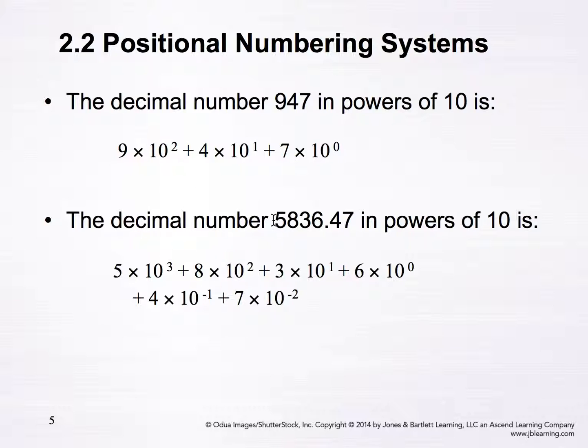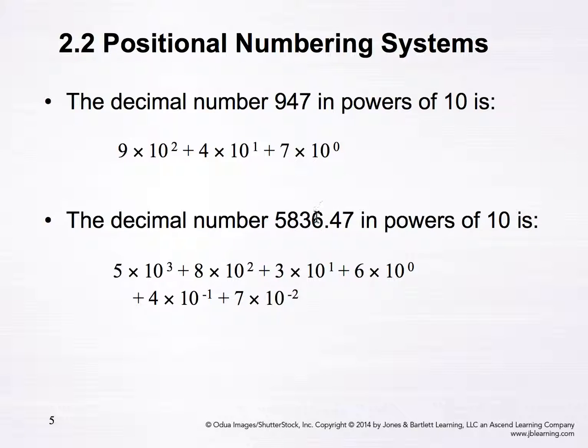Now consider the decimal number 5,836.47 in base 10. We can represent it as follows: 5 times 10 to the power 3, plus 8 times 10 to the power 2, plus 3 times 10 to the power 1, plus 6 times 10 to the power 0, plus 4 times 10 to the power negative 1, plus 7 times 10 to the power negative 2.